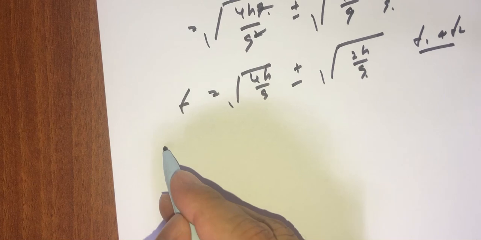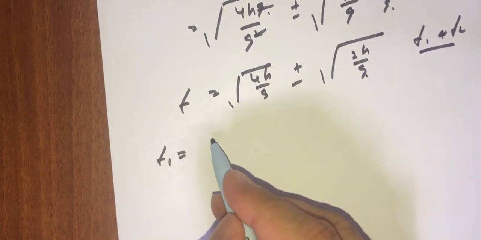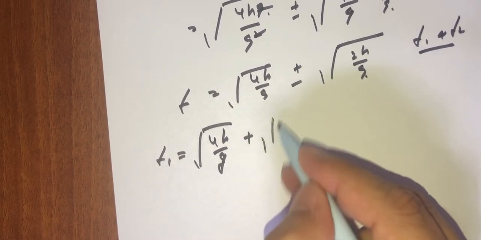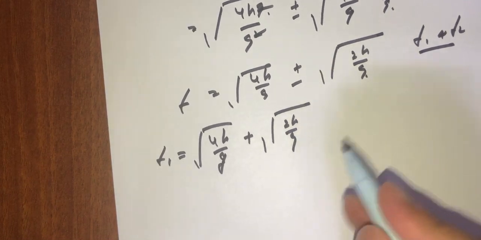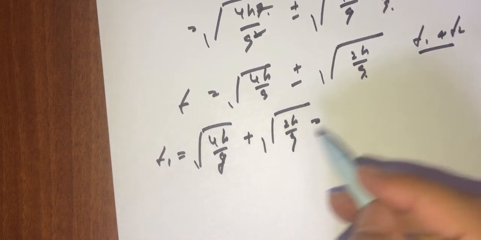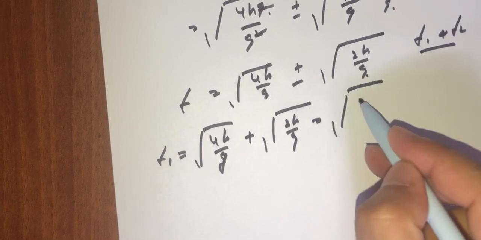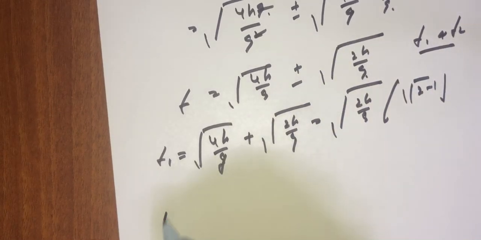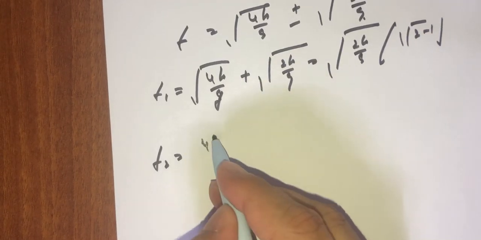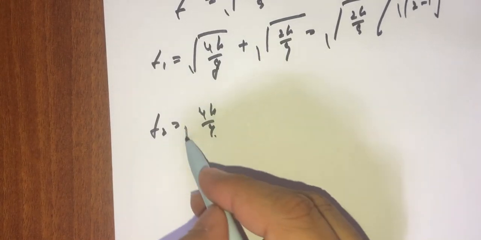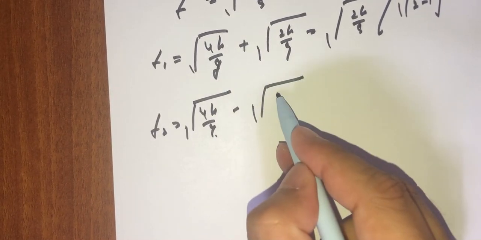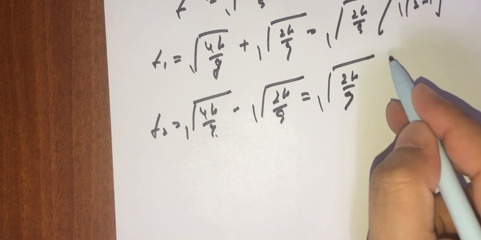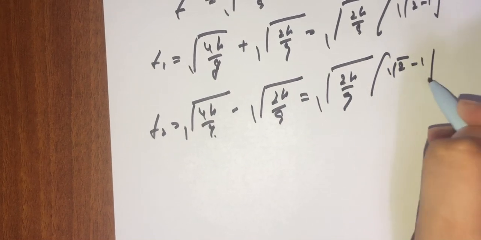So we can write that T1 will be equal to square root of 4hg plus 2hg, and we can take 2hg as common, this will be square root of 2 minus 1. Similarly, T2 will be equal to square root of 4hg minus 2hg, taking again 2hg common, this will be square root of 2 minus 1.